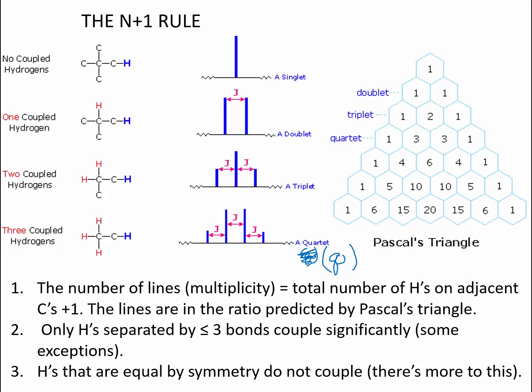And as you get more and more hydrogens on the adjacent carbons, you can start to see how the peaks correspond to Pascal's triangle. So we have a signal that's split by a lot. It's important to recognize that it's going to be a little hard to see the outer lines. The line in the middle of this last one here, we can go higher. This is a quintet.